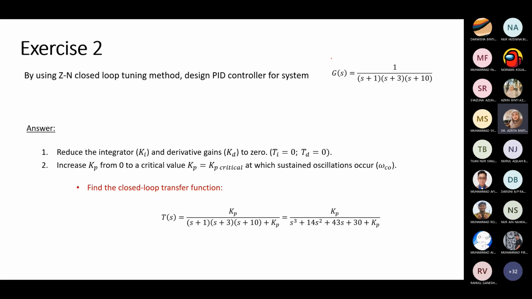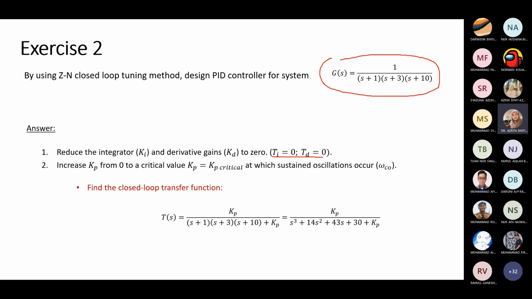Okay, so we have a system 1 over (s+1)(s+3)(s+10). To design it, first we reduce the integral gain Ki and derivative gain Kd to 0. So we just assume that Ti is equal to 0 and Td is equal to 0. And then we increase the value of gain Kp.